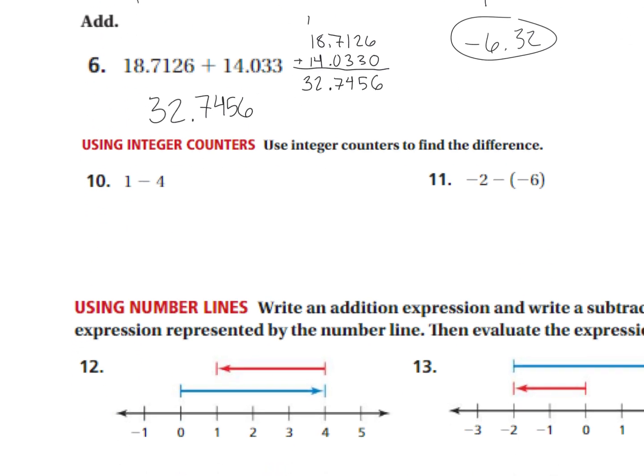Okay. Number 10 and 11 asks us to use integer counters to find the difference here. The way we use integer counters with subtraction is a little different. I have a plus here for the positive one, but now I'm trying to take away 4 positives. I can get rid of 1 positive right there, but I still have 3 more to take away.